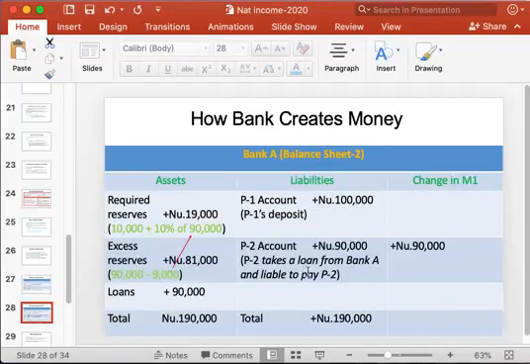Whereas in this case, because you are providing a loan of 90,000 to another person, you are actually increasing the supply of money by 90,000. So when this person P2 withdraws 90,000 Newton, a sum of 90,000 Newton is pumped into the economy.